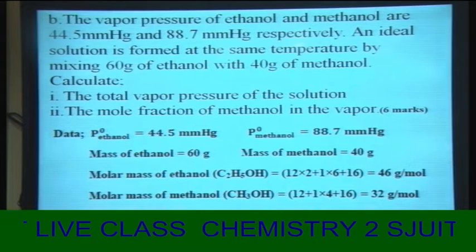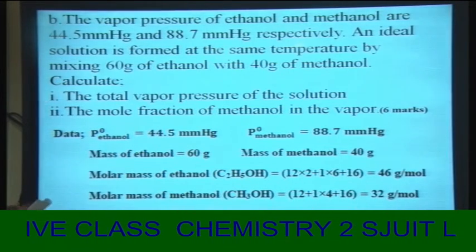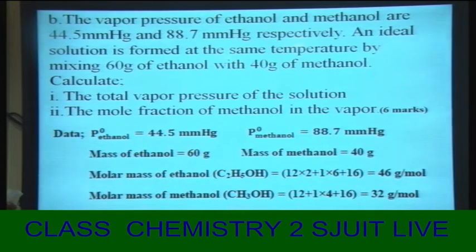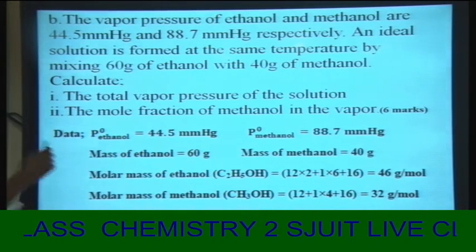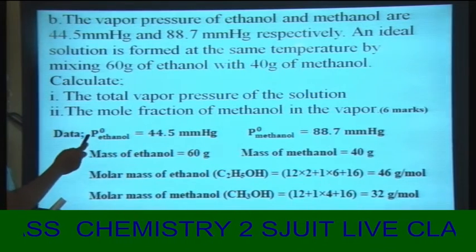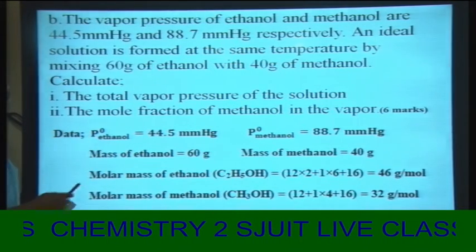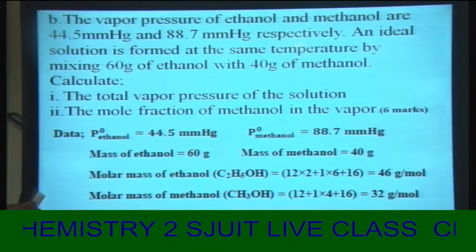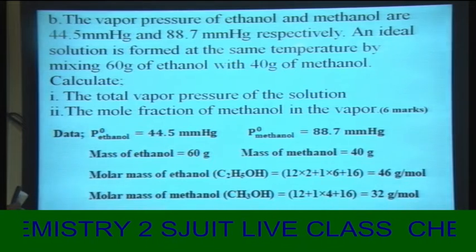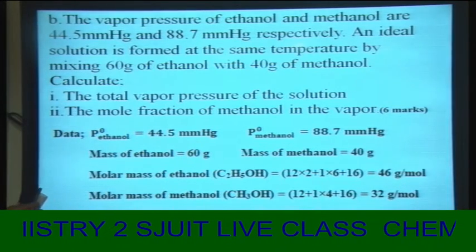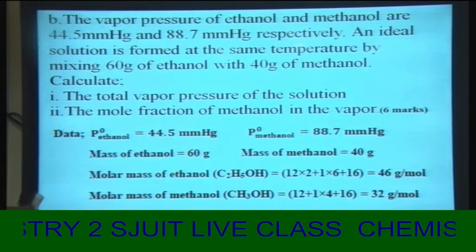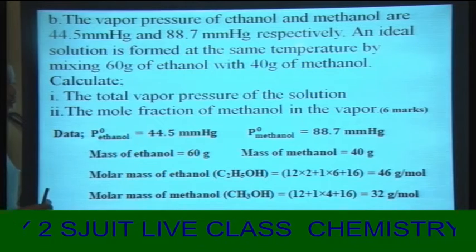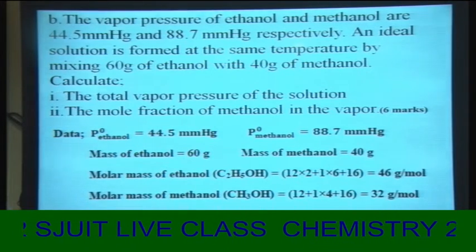From the stated question, important data are the pure pressure of ethanol and the pure pressure of methanol. Pure pressure of ethanol, denoted P naught ethanol, is equal to 44.5 millimeters of mercury, and pure pressure of methanol, P naught methanol, is equal to 88.7 millimeters of mercury. Mass of ethanol given is 60 grams.